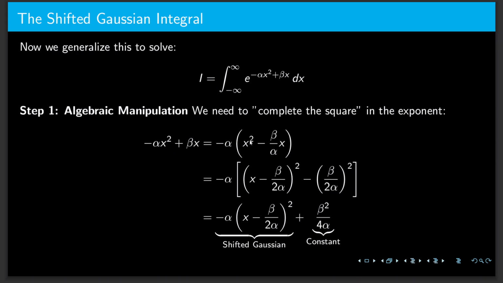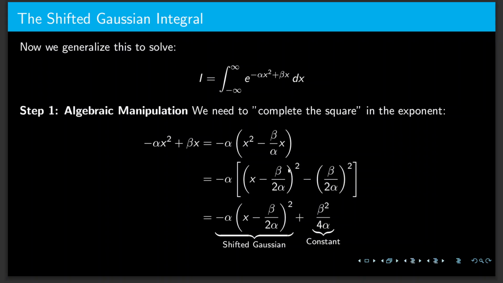So we have x squared minus beta upon alpha x. Now we need a term which we can add and subtract. So we choose the term beta upon 2 alpha squared, we subtract it, and the same term is added. The added term is included to give x minus beta upon 2 alpha, squared.